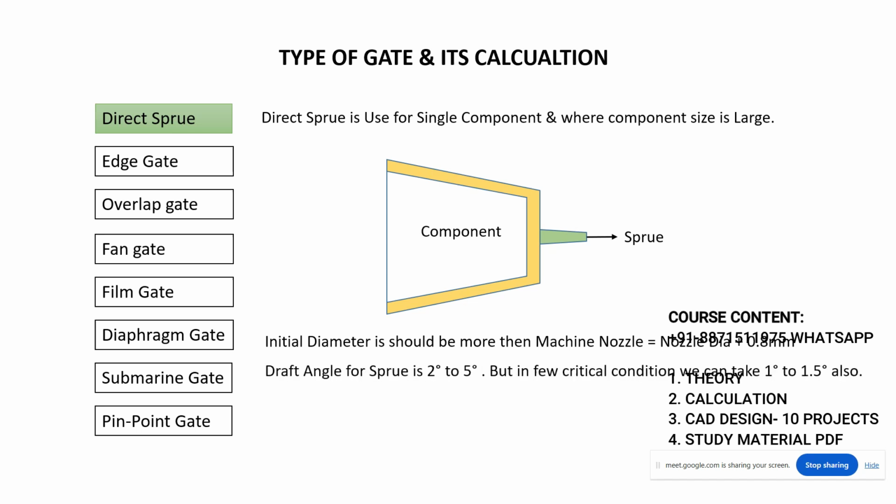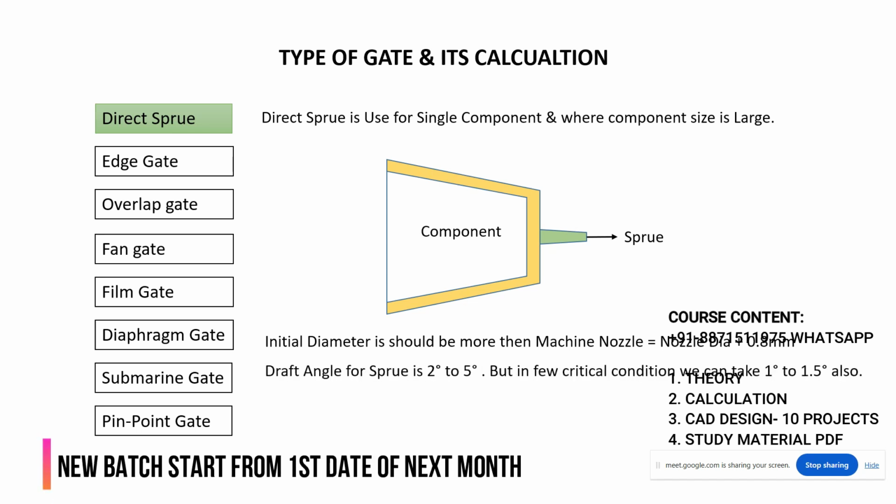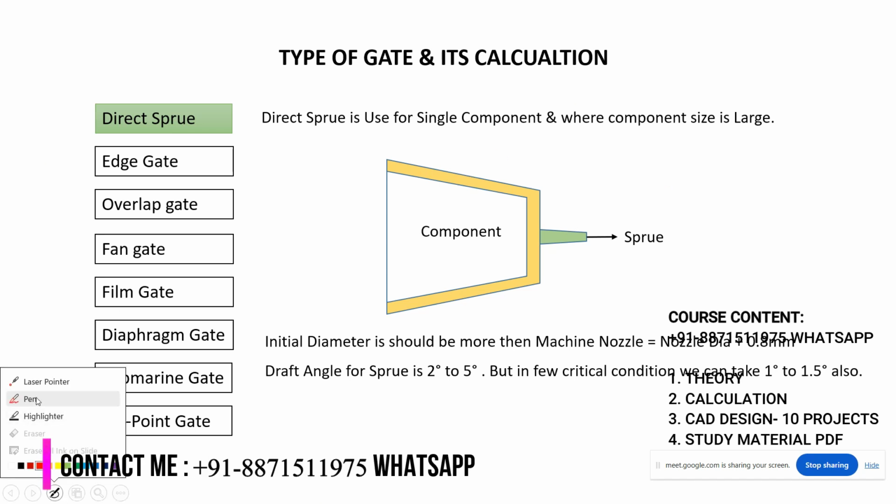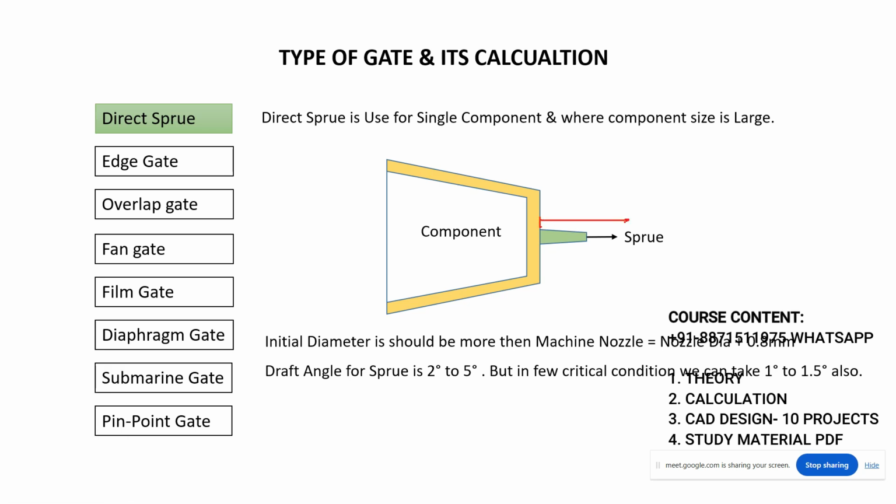The draft angle for the sprue should be between 2 degrees and 5 degrees. But if the sprue length is large, like 30 mm or more than 40 mm, then in this type of critical condition we should take 1 degree to 1.5 degrees also.